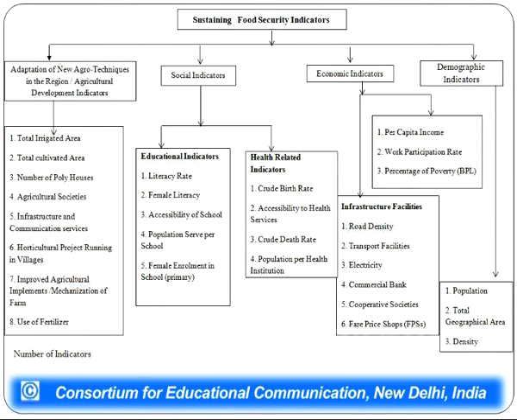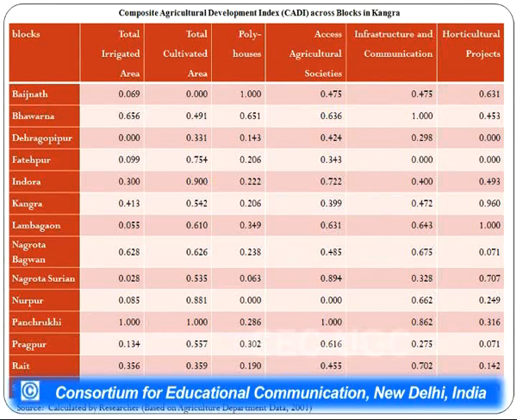So, total irrigated area, how we can improve cultivated area, number of poly houses, agricultural society, infrastructure and commercial services, horticultural services, improved agricultural implements, mechanization, use of high yielding varieties of seeds, use of fertilizers and other types of plant protection.